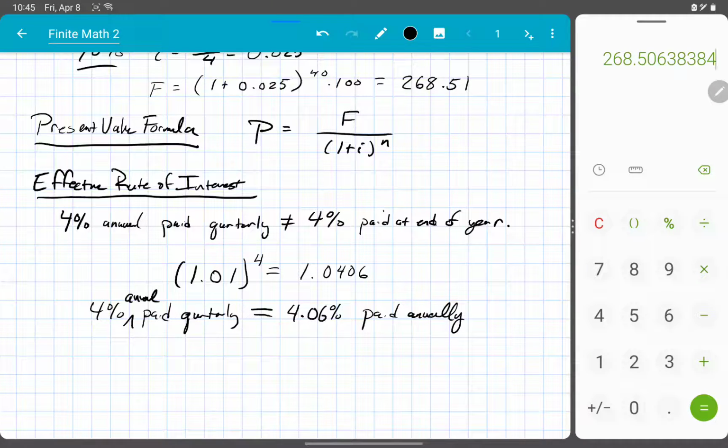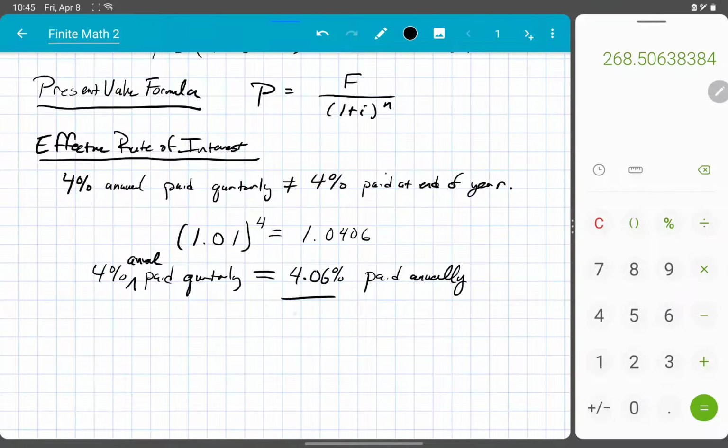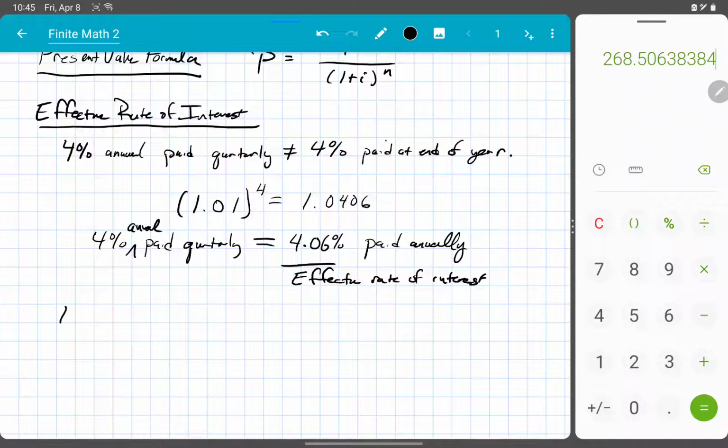So it's actually a little bit higher than 4% paid annually. It's a little bit better than that. And this is called the effective rate of interest. And there's a formula for the effective rate.